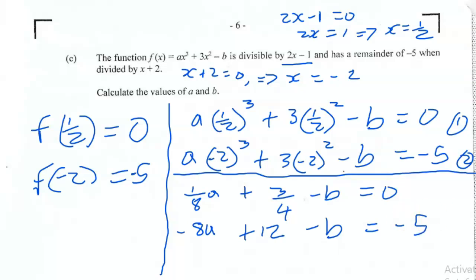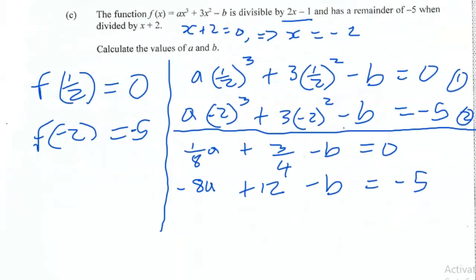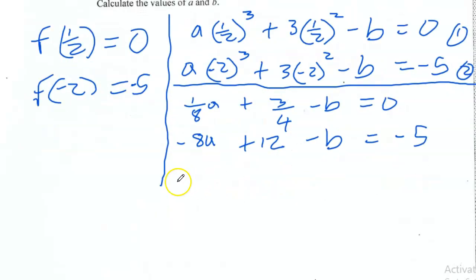So we can solve this simultaneously. So I guess we can subtract. Now let's subtract: term above minus term below. So it's 1/8a minus minus 8a, that's positive 8 and 1/8a, right?